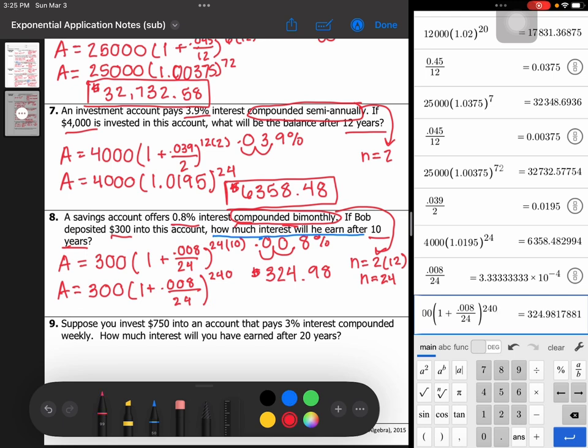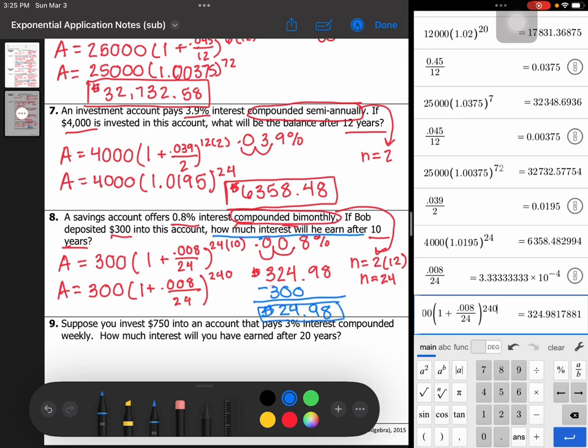So in order to find the amount of interest, we have to subtract the amount that he initially invested into the account. Let me do this in a different color so it stands out. He initially invested $300, so we subtract $300, and we get that his interest amount was $24.98.